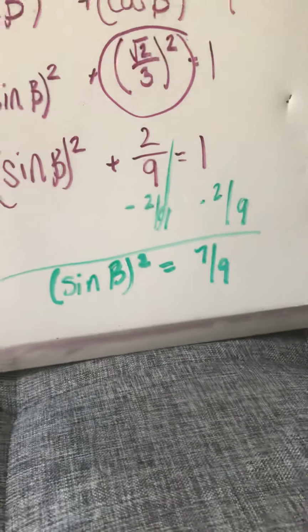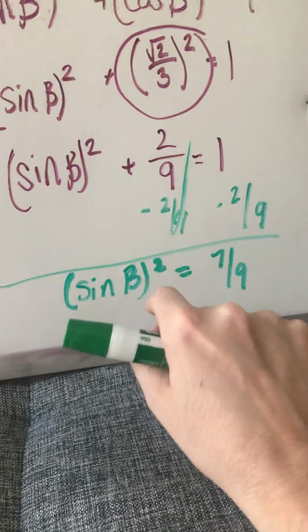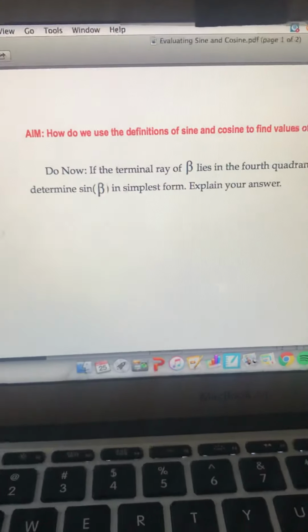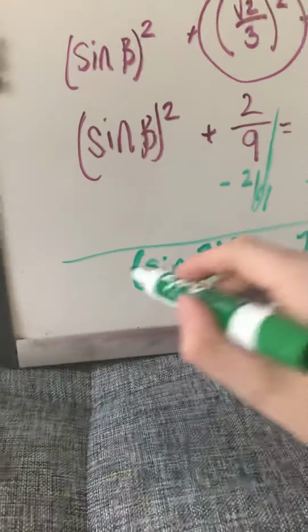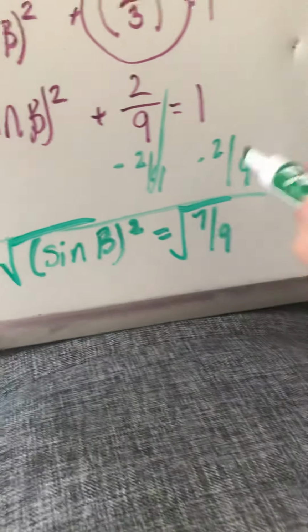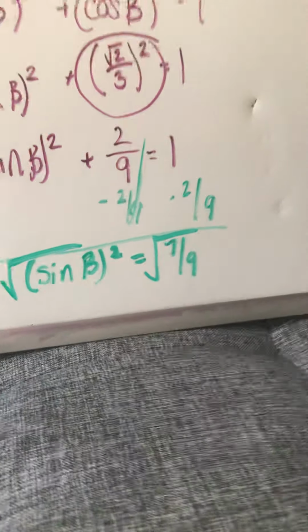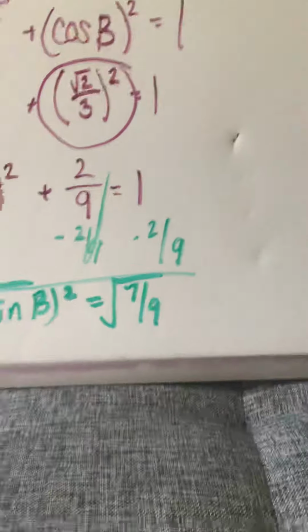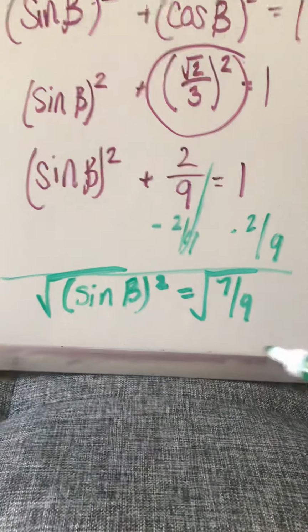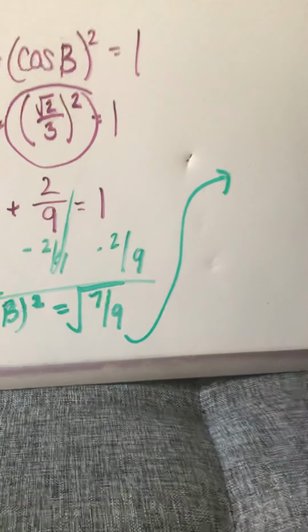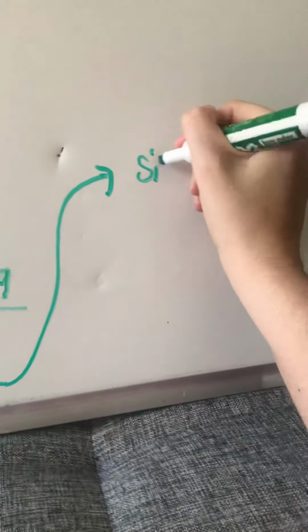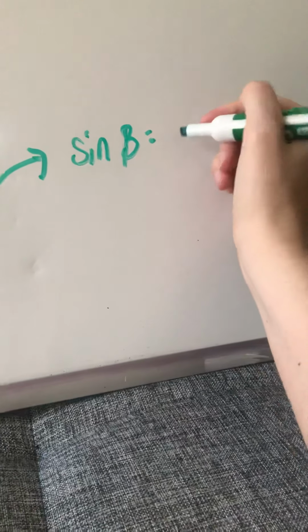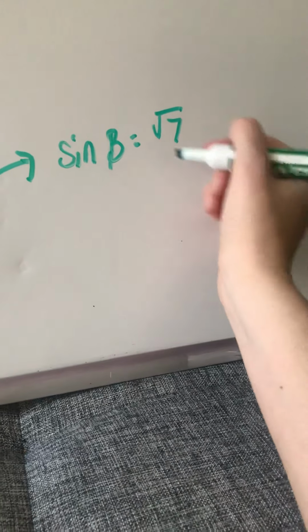But I'm not done yet because this is saying sine beta squared, and our directions simply asked us to find sine of beta. So my last step here is to take the square root of both sides. Now, when I said to you guys last week to express your answer in simplest radical form, you can simplify that further. This is really saying to you that sine beta is equal to the square root of 7 divided by the square root of 9.